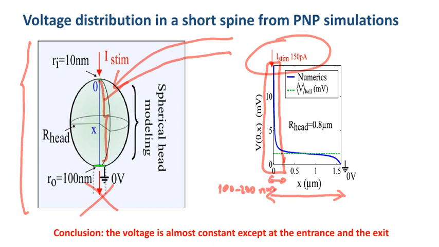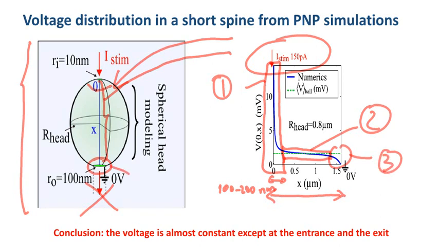This is what is called, in mathematical terminology, a boundary layer, a layer where you have a large change in the voltage. Then once you enter, probably around this area, you have a region where the voltage is almost constant. And then finally another boundary layer in the third region. So let's say this is region 1, this is region 2, and this is region 3.